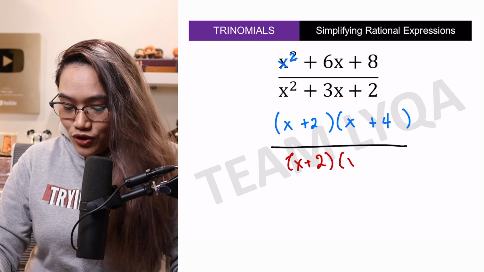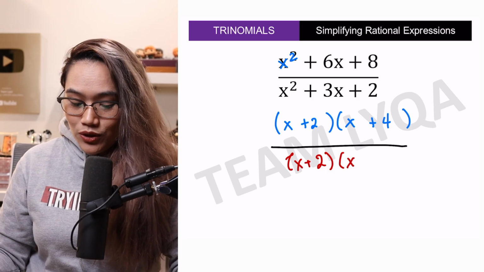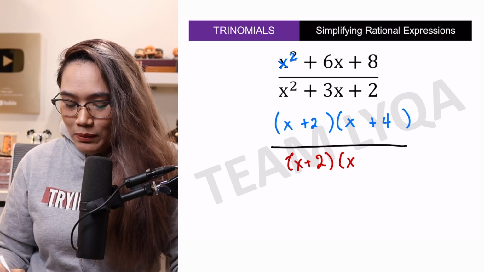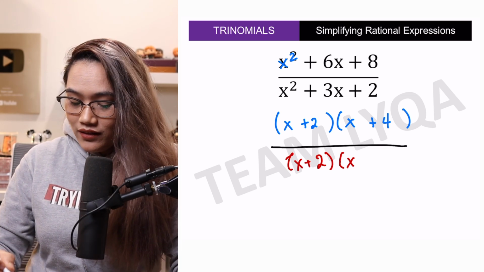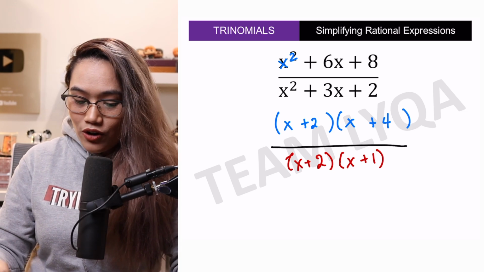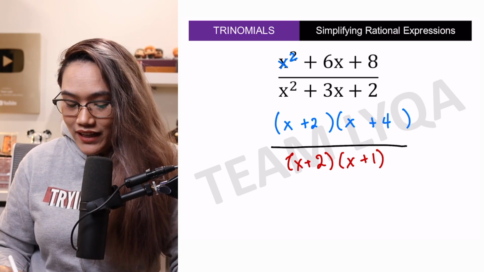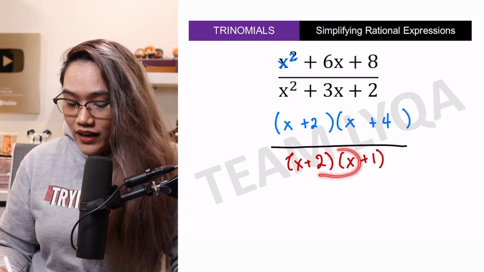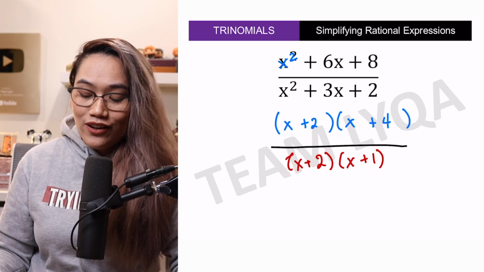Now, of course, this should lead with an x kasi x squared naman yung una nating term. Sa dulo, meron kang positive 2. At dahil may plus 2 ka na dito sa x plus 2 na yan, this is just going to be x plus 1. Now, kung i-check natin at imumultiply natin, x times x is x squared. 2x plus 1x is 3x. Tama rin tayo doon.